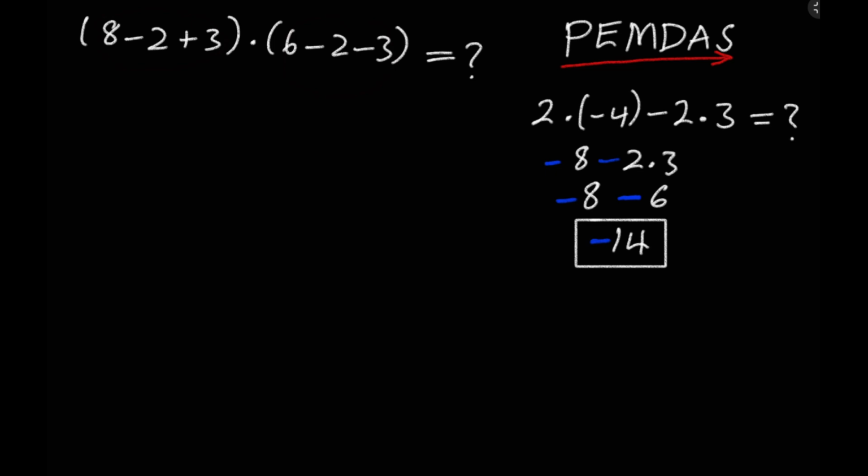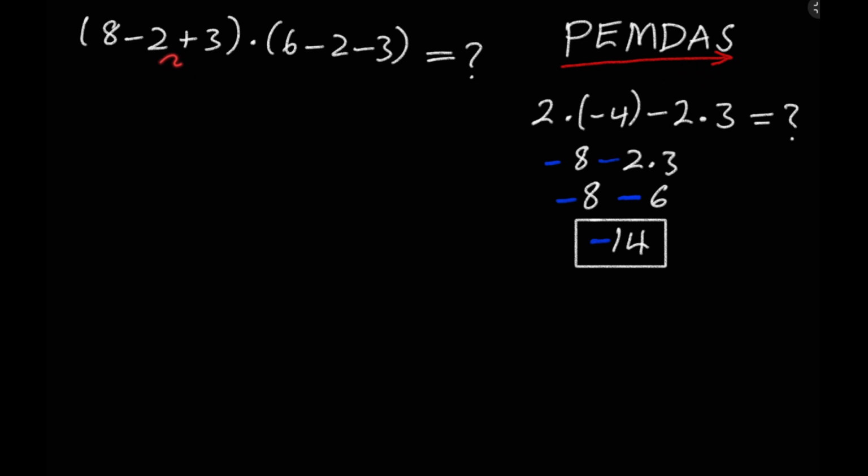As I said, when you have only addition and subtraction in the operation, the order does not matter. But for the sake of this video, because we are following PEMDAS, we will follow PEMDAS again to solve this question. So according to PEMDAS, we have addition before subtraction, right? So let's begin with addition.